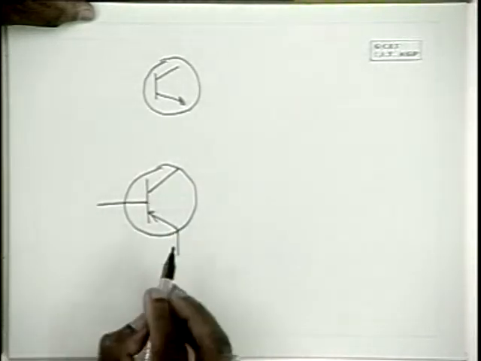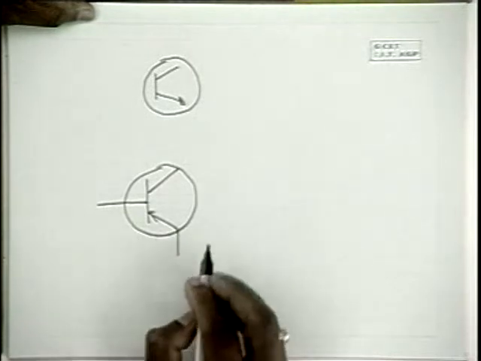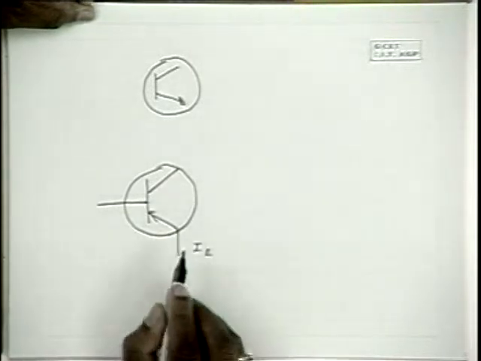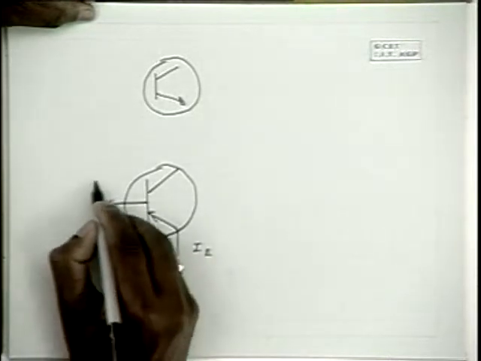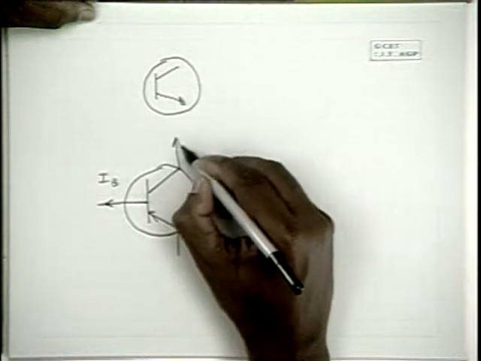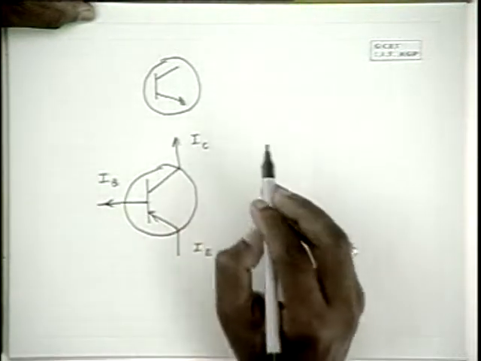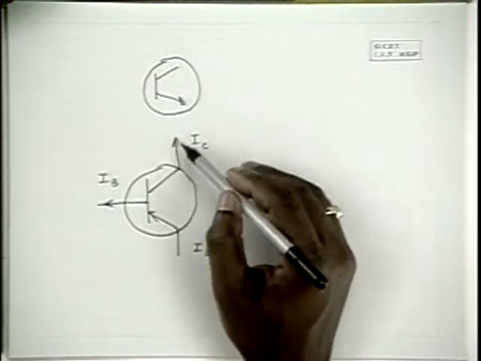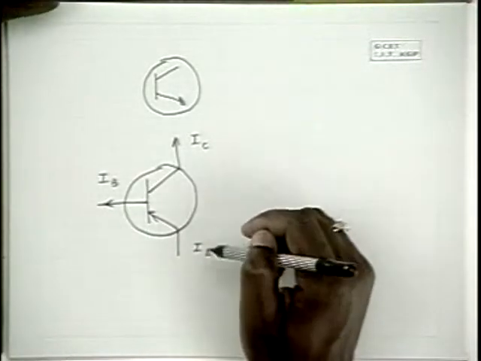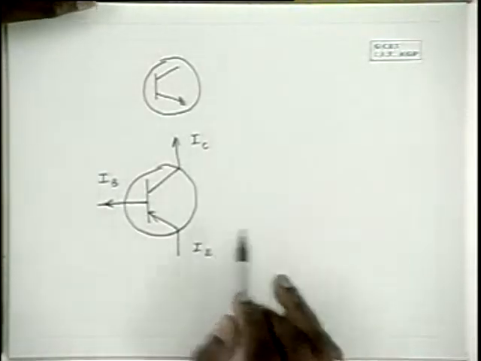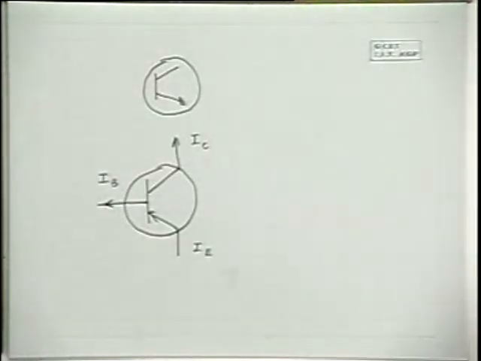When you use it in common emitter configuration, you have IE, actual IE going in, IB actually coming out, and IC going out. Because we were using the convention of ingoing currents as positive, we have IB plus IC plus IE equal to 0 in the previous case.